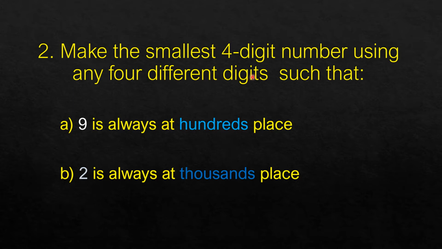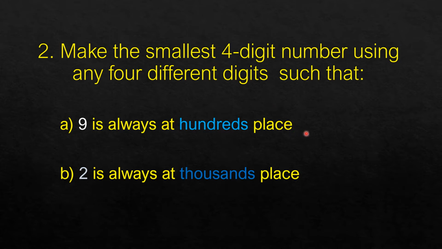Make the smallest four-digit number using any four different digits such that 9 is always at hundreds place. So we should take any four different digits, but 9 should be in hundreds place and the number should be the smallest number.